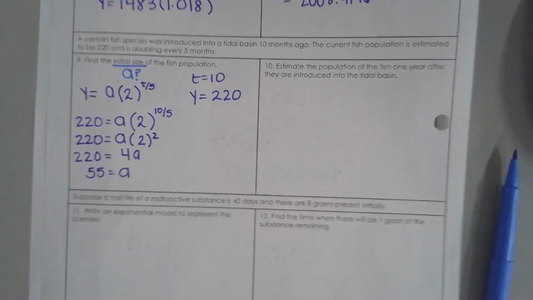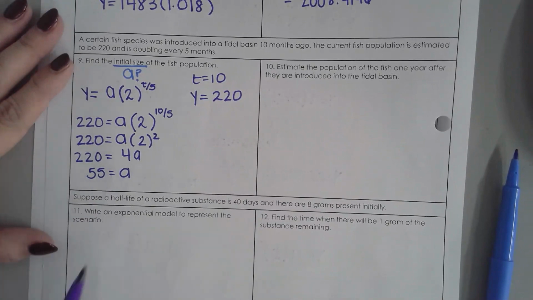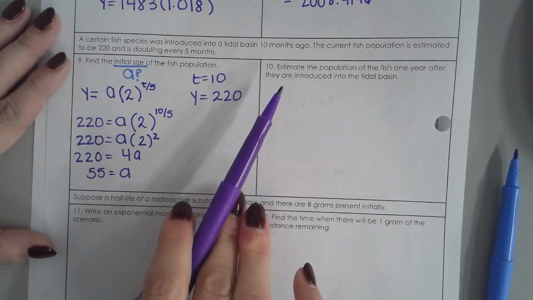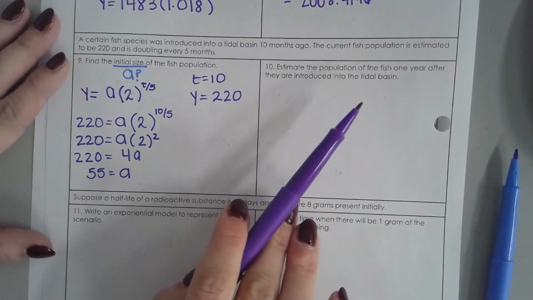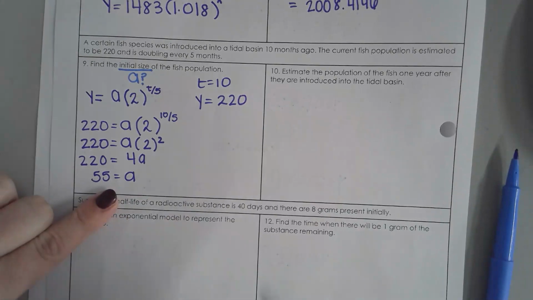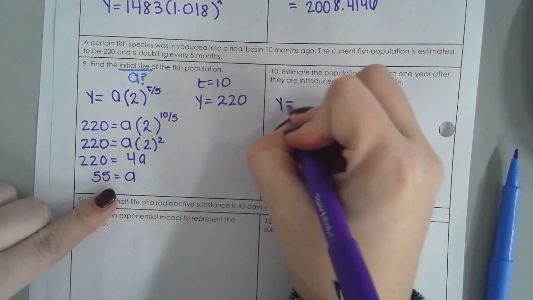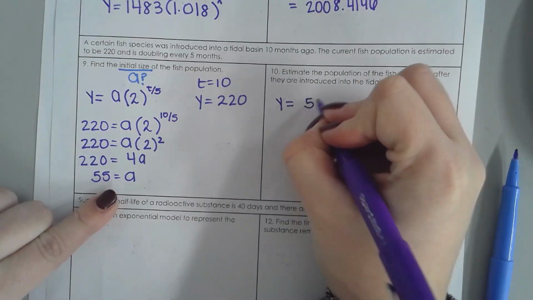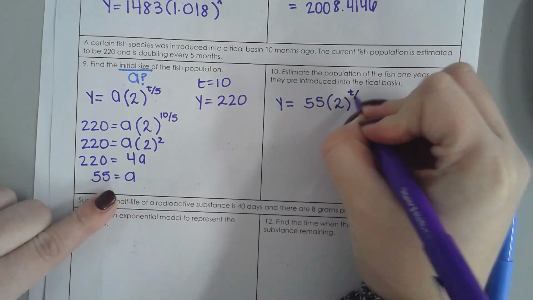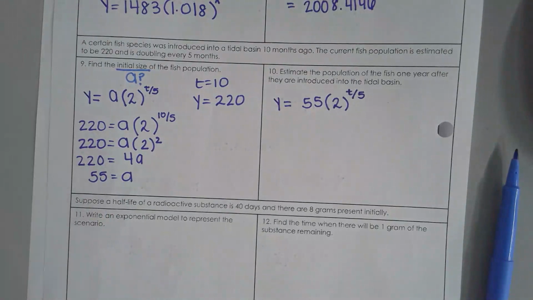So, okay. All right, number 10, estimate the population of the fish 1 year after they are introduced into the tidal basin. Because we found this A, I know that my function is y equals 55 times 2 to the t over 5. And remember, t is a number of months, and it wants to know 1 year after.